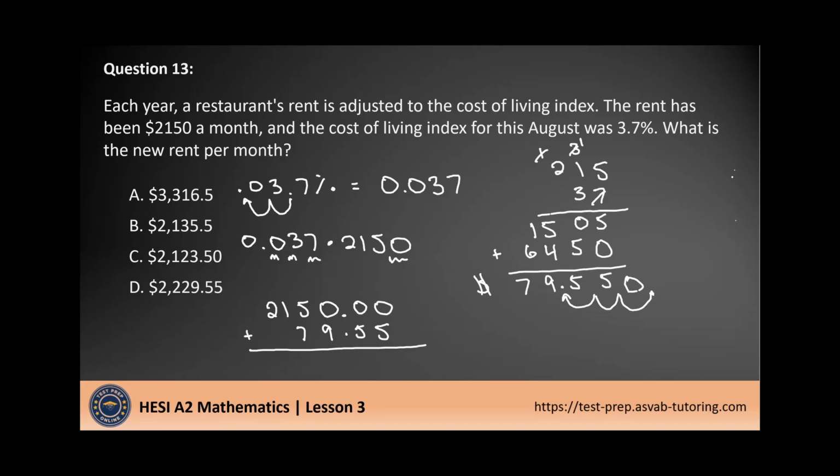Add these together, 0 plus 5 is 5, 0 plus 5 is 5. Bring our decimal down, 0 plus 9 is 9, 5 plus 7 is 12, carry the 1, 1 plus 1 is 2, and bring down the 2. So our answer is $2,229.55.